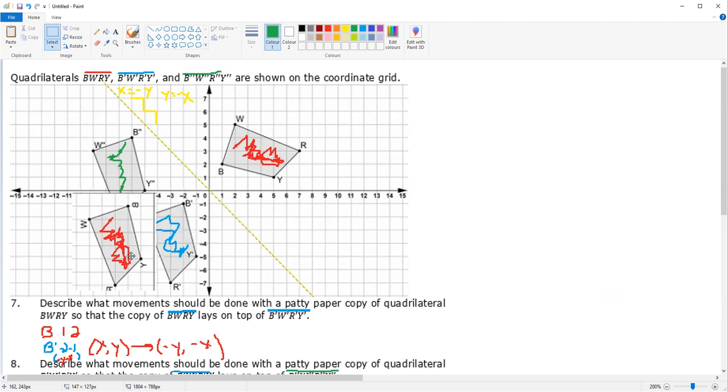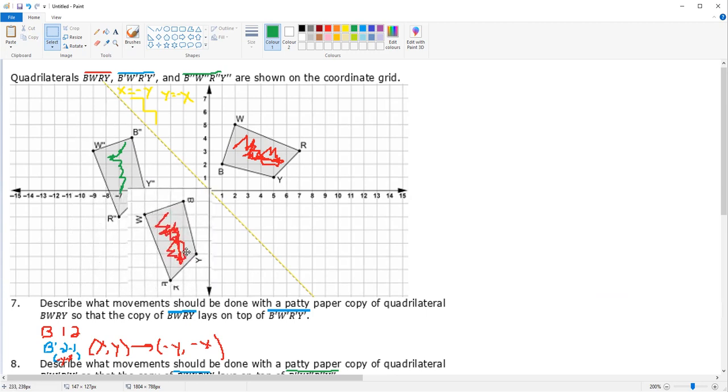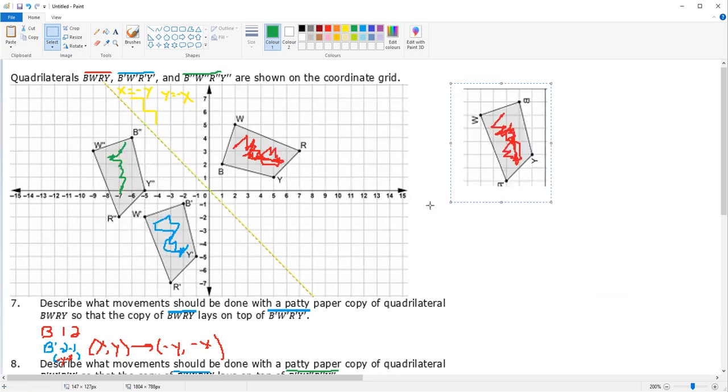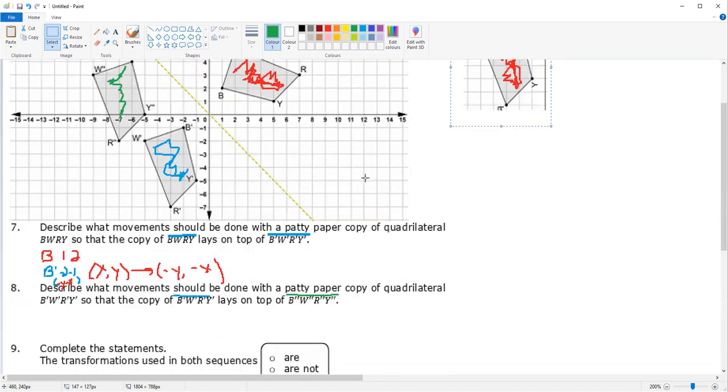This is an obvious translation over. So my x value is going to be negative and my y value is going to be positive. By what magnitude? On x, it looks like it goes from negative 3 to negative 7, so my delta x is negative 4, or left 4 units.